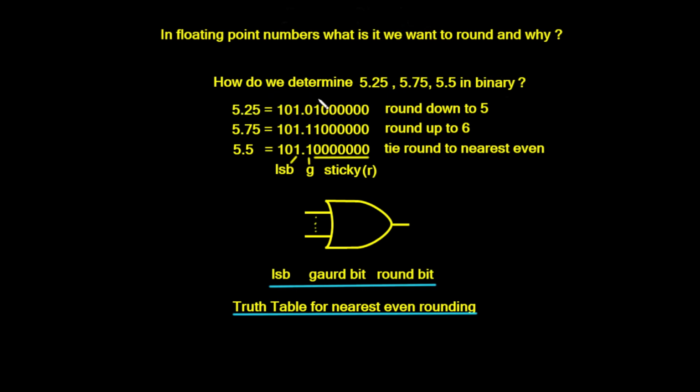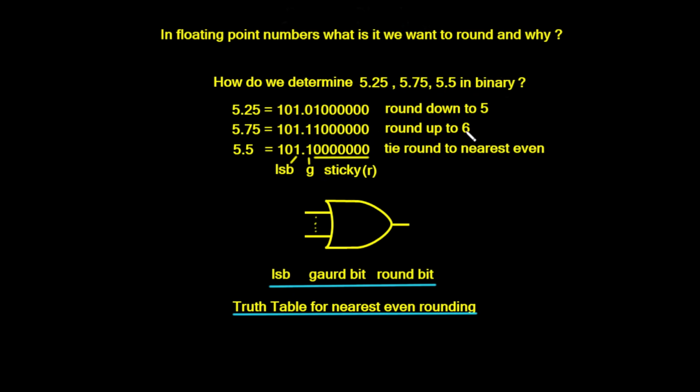That is, we're just going to get rid of everything off from the right here. Now another instance here, if we had 5.75, we would have a 1 and a 1. So we know we're at least halfway whenever we've got a 1 here. So if we have a 1 anywhere else in the rest of these, then we know that we're going to be more than 5.5.